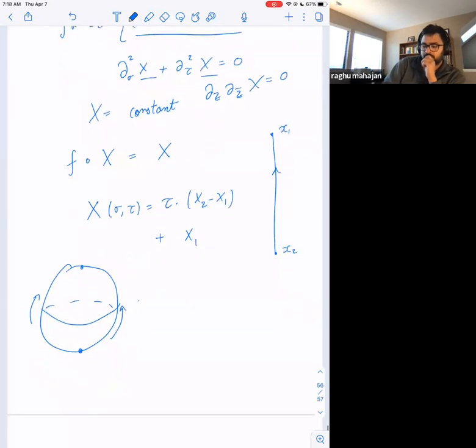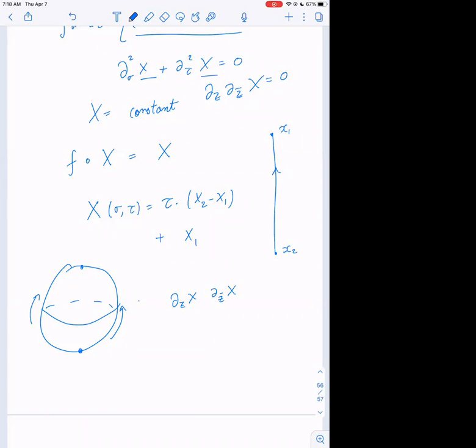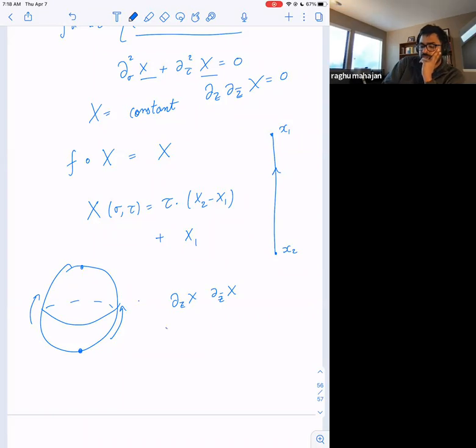Right. So this action, I think, is dz x, dz bar x. So the action will be 0 if x is holomorphic. Yeah, but if you consider some general function, well, I think you might be onto something here. So now if x is like f of z, then it satisfies the equations of motion, and this part is 0. So they do have 0 action.